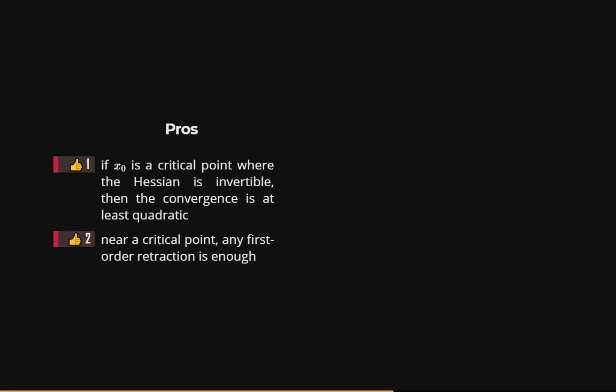And when you're close enough to a critical point, any first-order retraction is enough. So if you have a computationally expensive second-order retraction, you can use that up to a point and then switch to a first-order retraction when you're close enough.